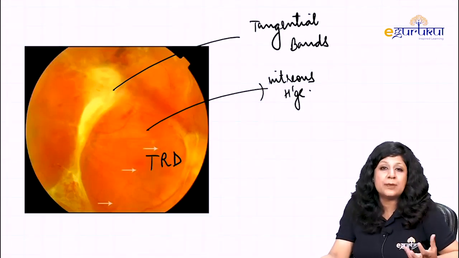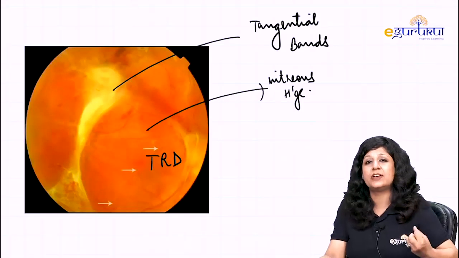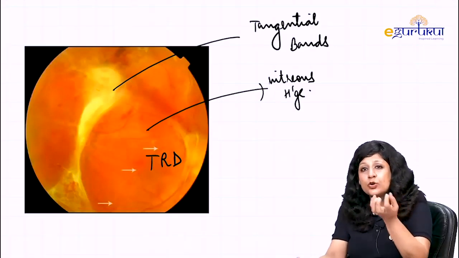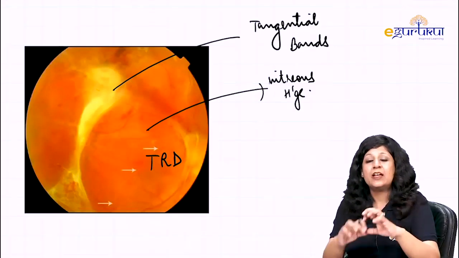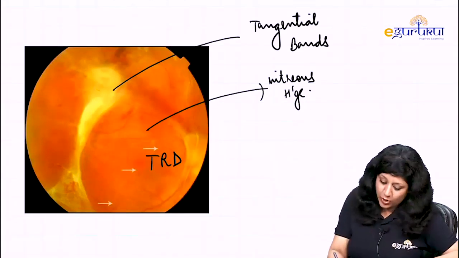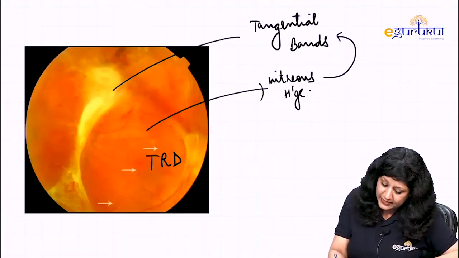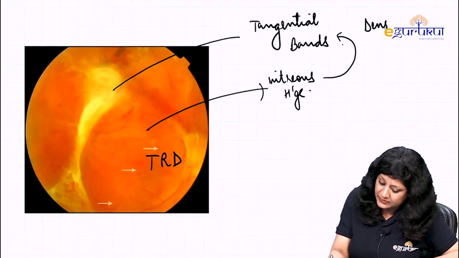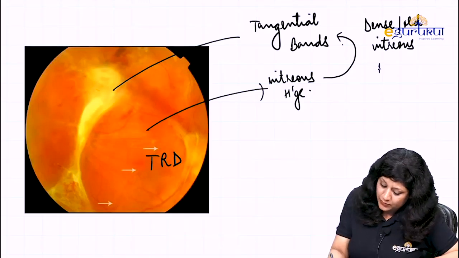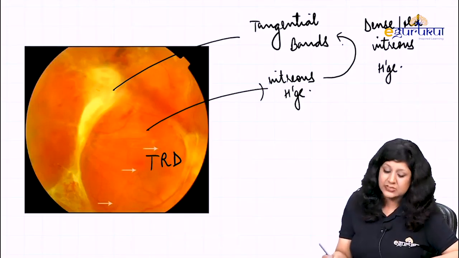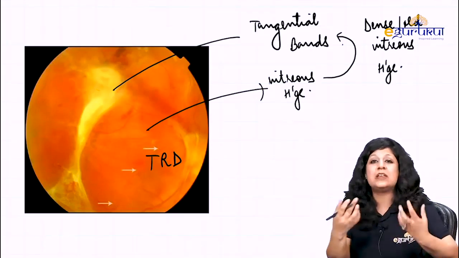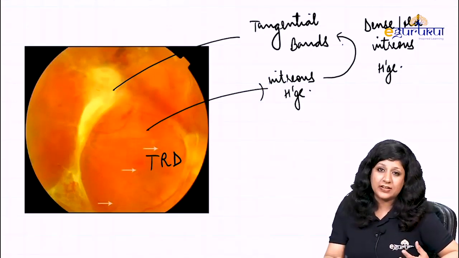So this is a picture showing you the tractional retinal detachment when there is a lot of vitreous hemorrhage in the cavity. Slowly and gradually it will organize. There will be a dense vitreous hemorrhage. So the dense and old vitreous hemorrhage will form vitreous bands, and these bands will lead to a tractional retinal detachment.